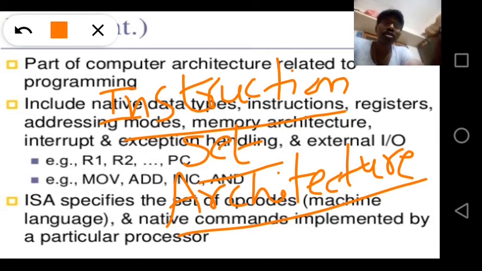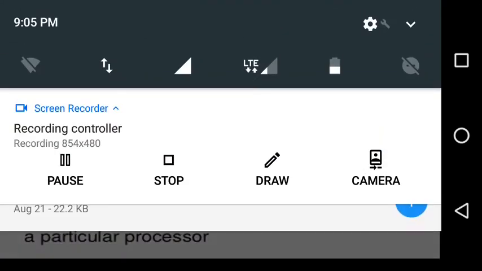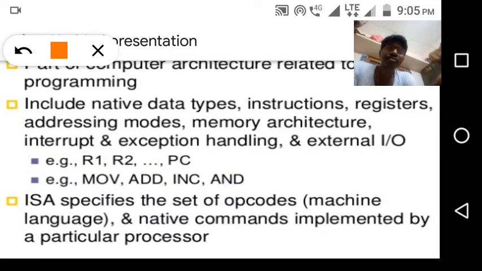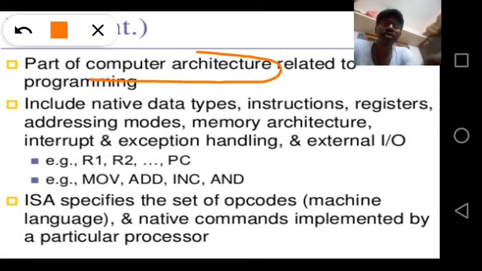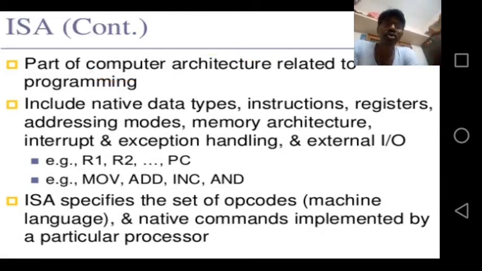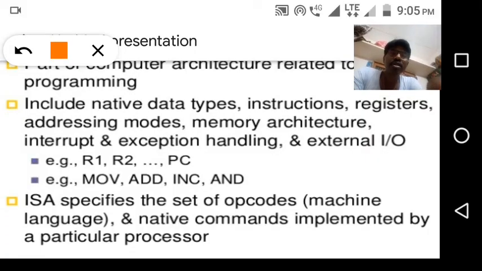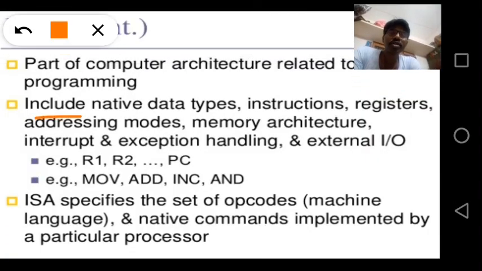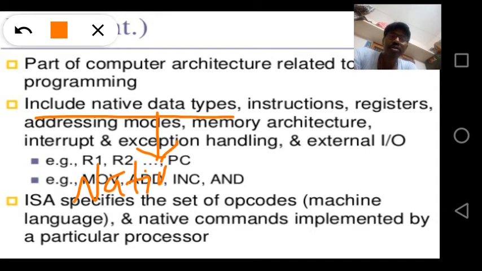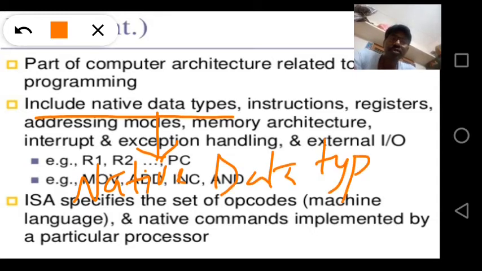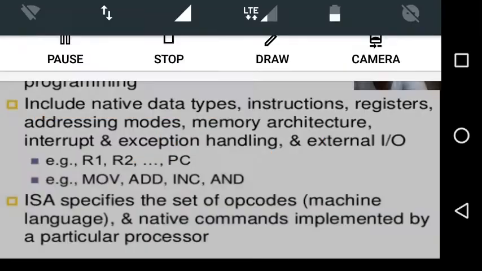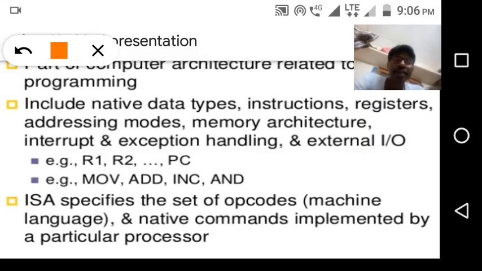So when I say instruction set architecture, the computer architecture, meaning the hardware of a computer, is related to programming. It includes native data types. So what is meant by a native data type? I'll take an example.